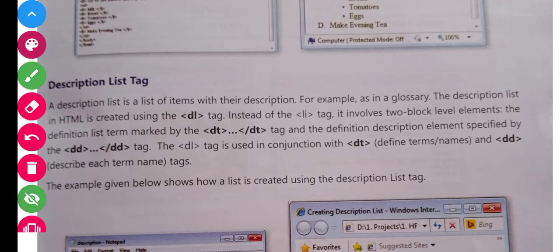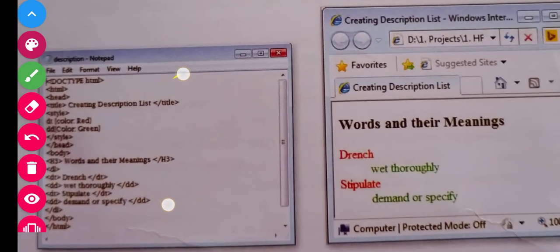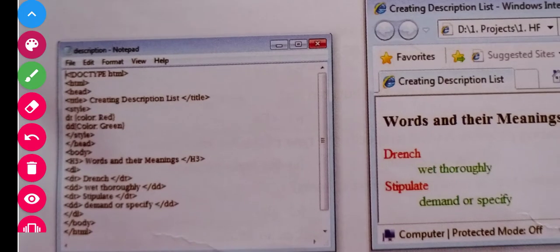So here you can check an example of the description list. HTML, head, title, style, color given: DT, the term color is red, and the description color is green. Style close, head tag close, body tag started, heading given here: words and their meanings. Means in the list we mentioned the words and meanings. So the first word is Drench, which is contained in the DT tag.